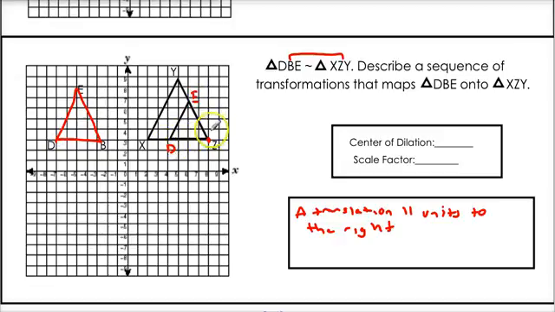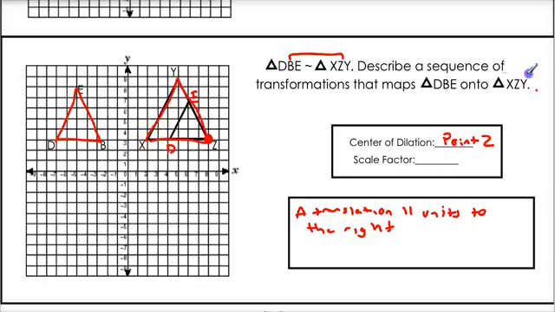Now that they're on top of each other, I can figure out what the center of dilation and the scale factor is. So let's start with the center of dilation. What do they have in common? You'll notice here that now they're both on top of this point Z. They share this vertex. So the center of dilation is point Z. And the scale factor is, well, let's see, our image is our bigger triangle right here. This is our image. How do I know it's the image?